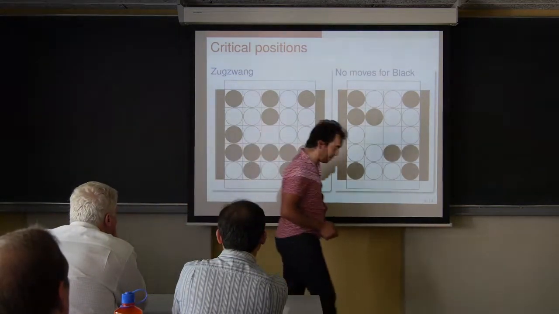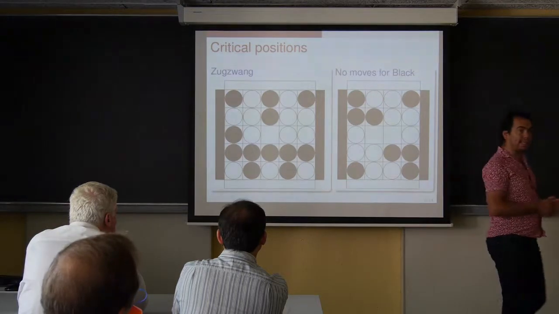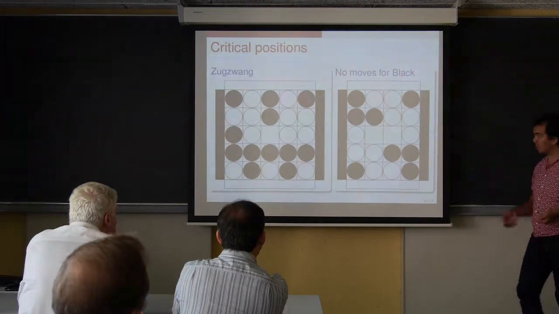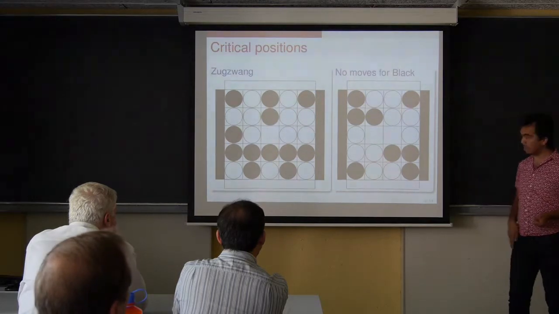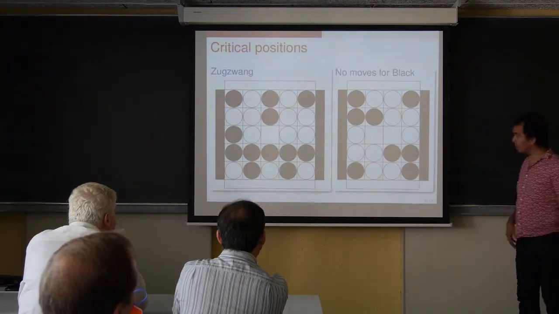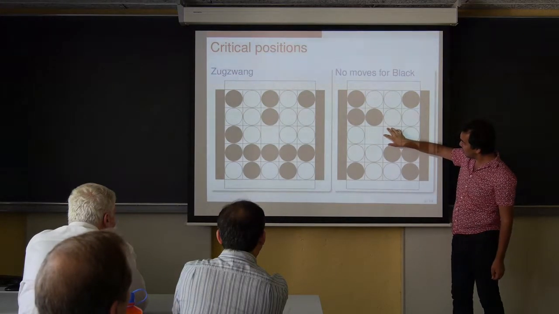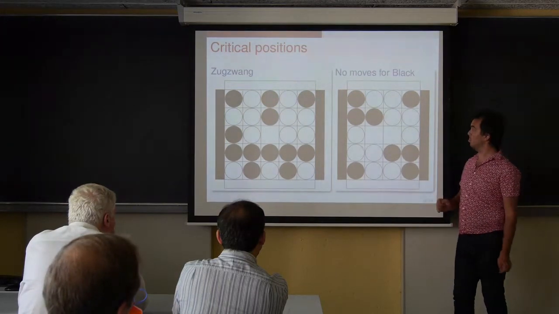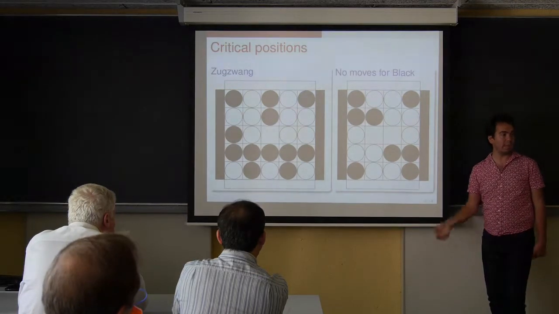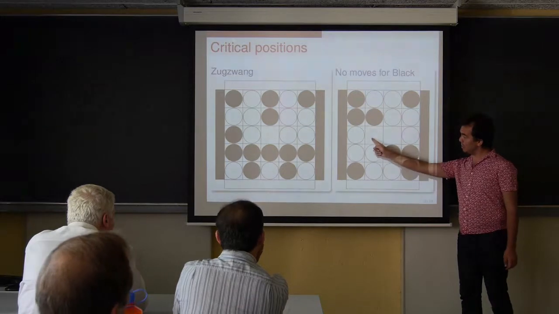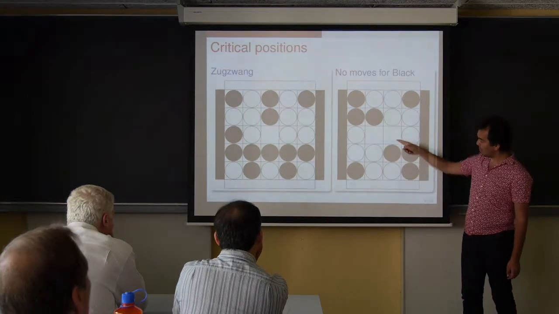This is another position that illustrates that sometimes one of the players doesn't have a legal move. In this position, white has plenty of legal moves. For instance, white can play this pawn moving here and add a new one there, and by doing so, white would win. But if it was black's turn, adding the stone here creates a forbidden pattern there.